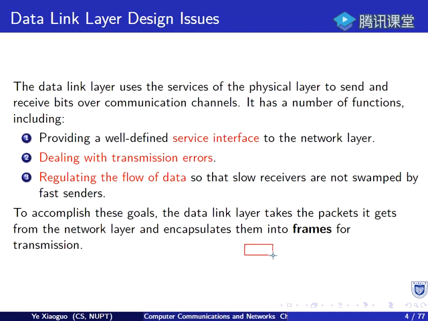So, for example, this is a network layer, this is a data link layer, this is a physical layer, this is a data link layer, and this is a network layer. So the data link layer serves the network layer and uses the service of the physical layer.